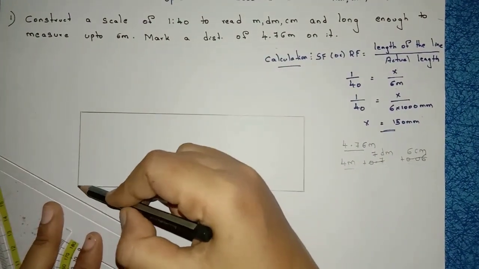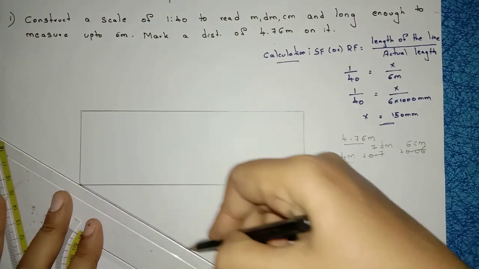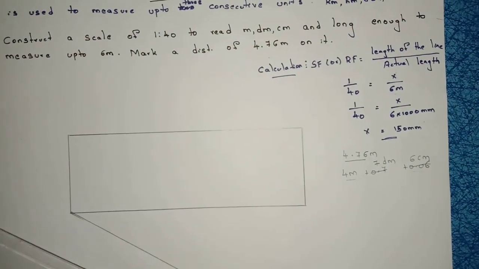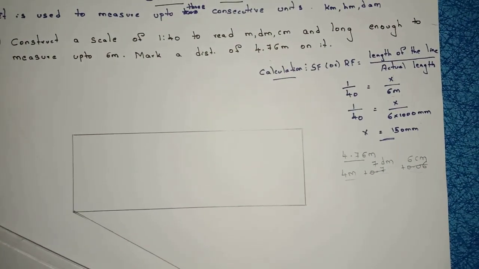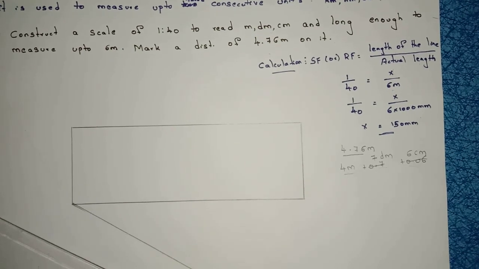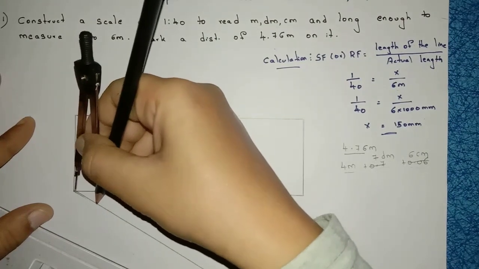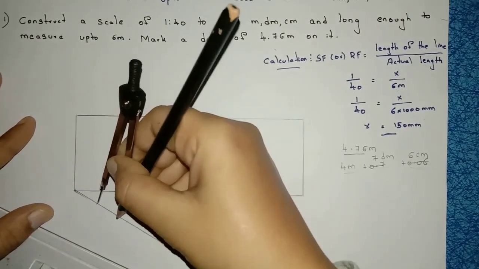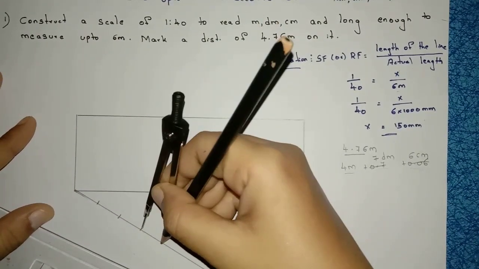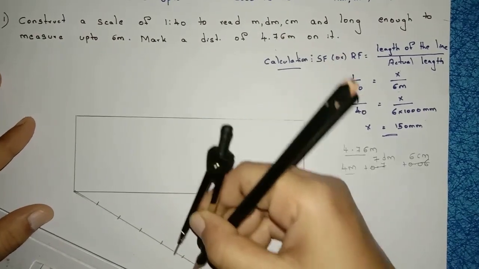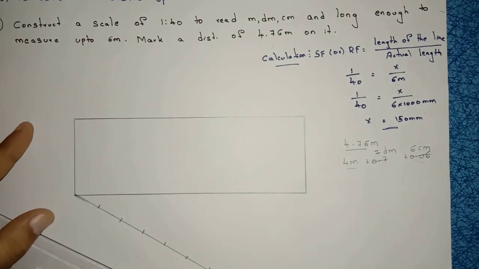First draw a line of any length. Right? After that, take some length with the compass. Keep your compass here. 1, 2, 3, 4, 5 and 6.